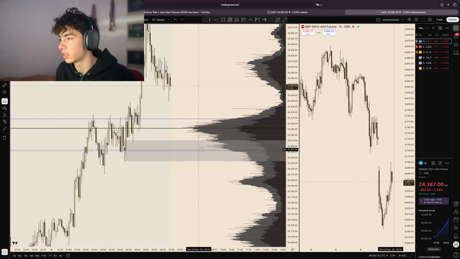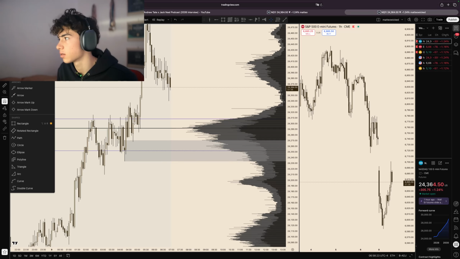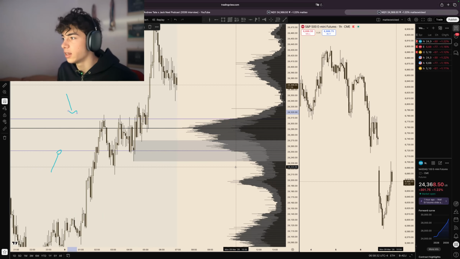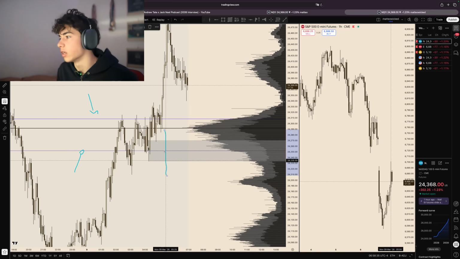You are perfectly aligned with the VAL, because the one under is the VAL, and this one is the VAH. Then, as you can see, we have a third line, the black one here, which is the POC.